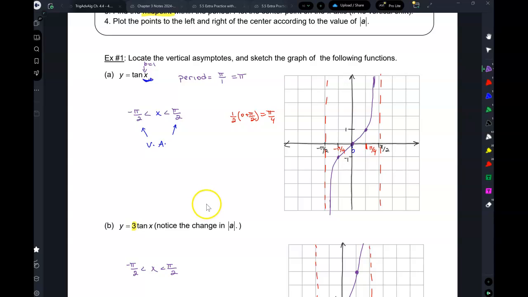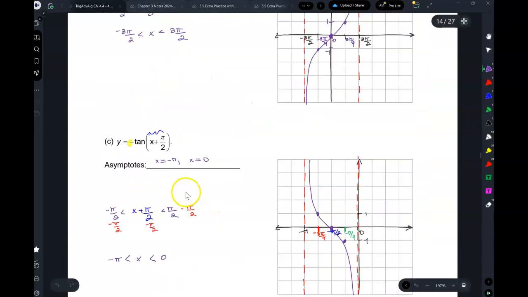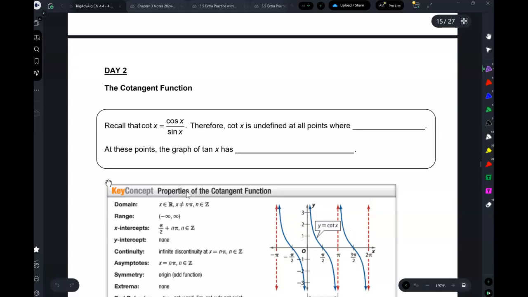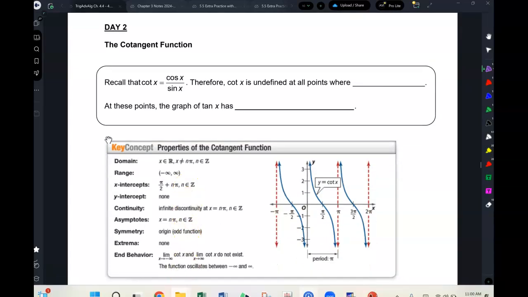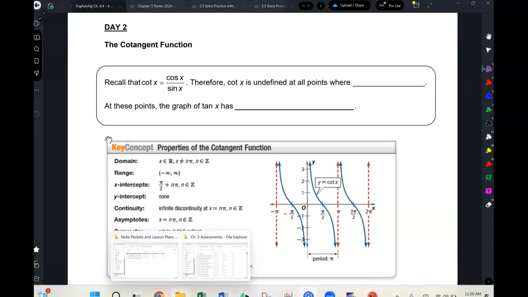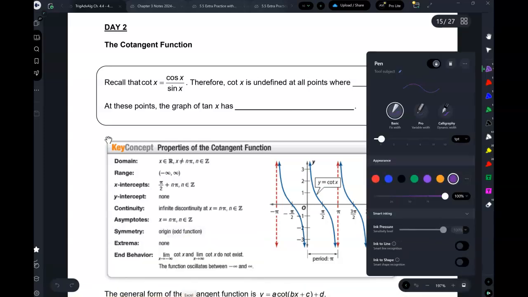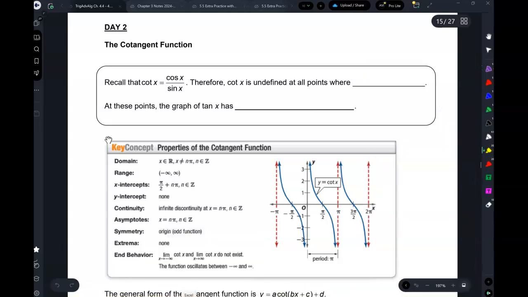Okay, so as opposed to tangent then, if we go down to cotangent, right? Now cotangent is cosine over sine. That means wherever sine of x equals 0, cotangent is undefined, right? So it's undefined where sine of x is equal to 0.